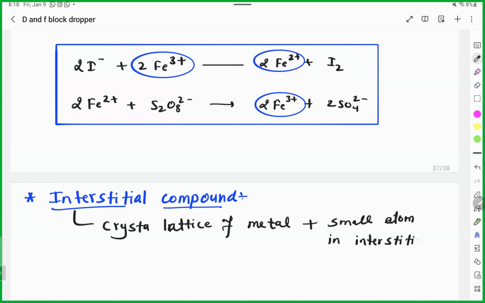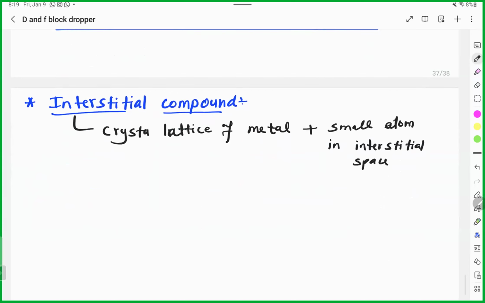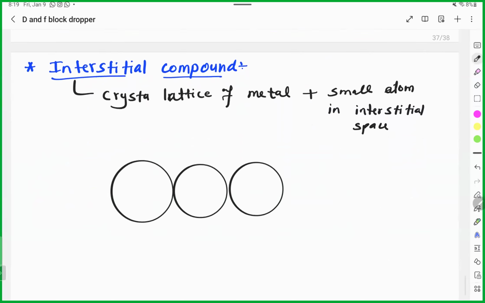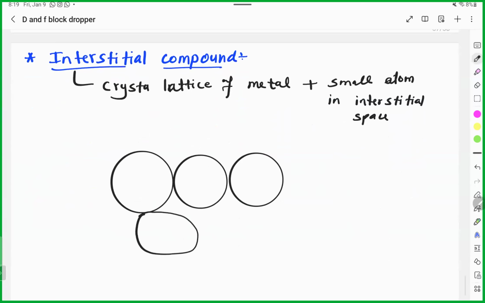Chandana, what is interstitial space? It is the space between the big atoms. For example, if you see this, though this is a very bad diagram, this is one atom of copper, and all are atoms of copper.